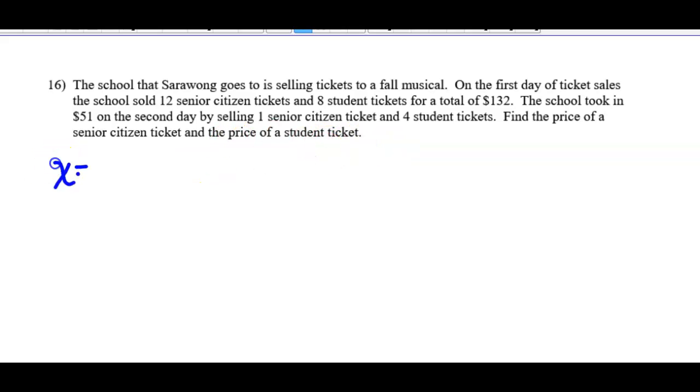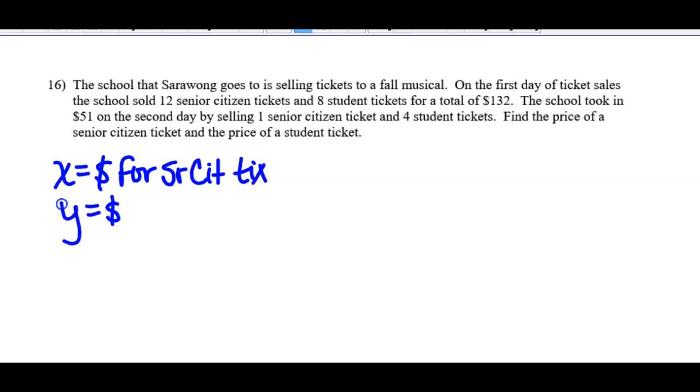So we have x equals dollars for a senior citizen ticket, and y equals the price, or dollars, for a student ticket.